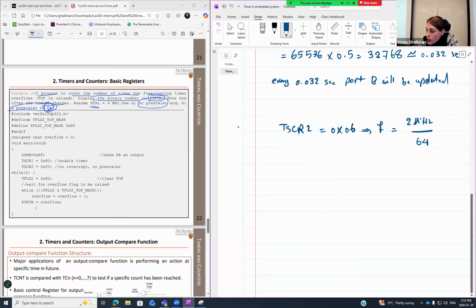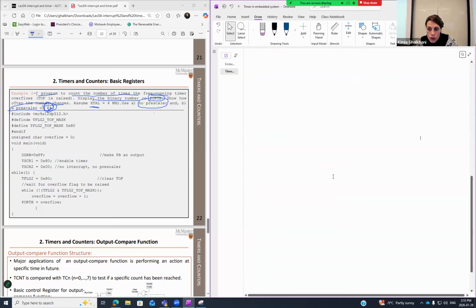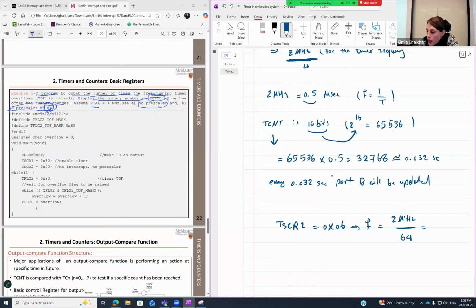If you calculate this one, let me first calculate it in hertz, and then I'll convert it to time. In hertz, it becomes 31,250. This is in hertz because this is frequency.